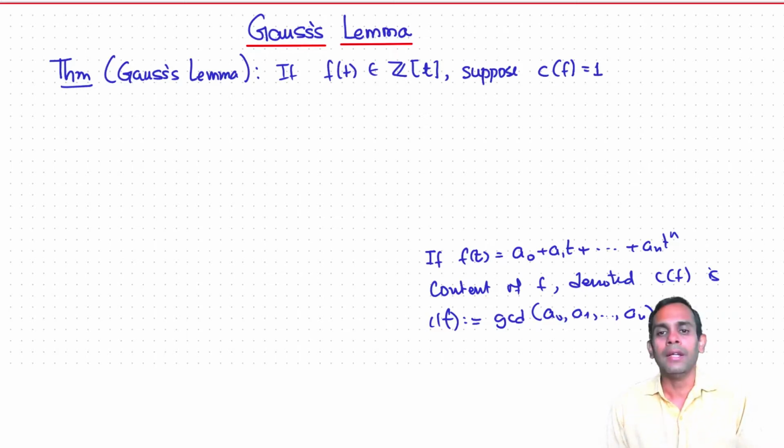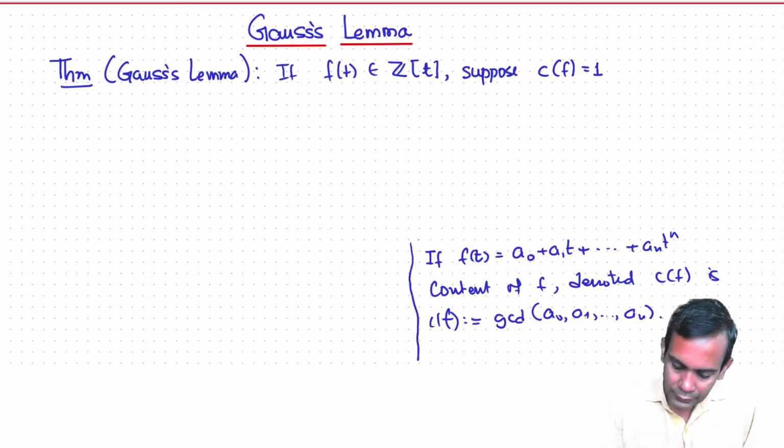So if the content of a polynomial is 1, it means that the GCD of its coefficients is 1.